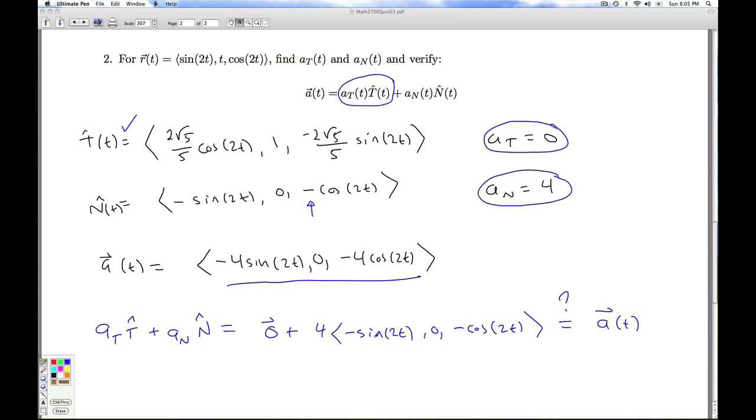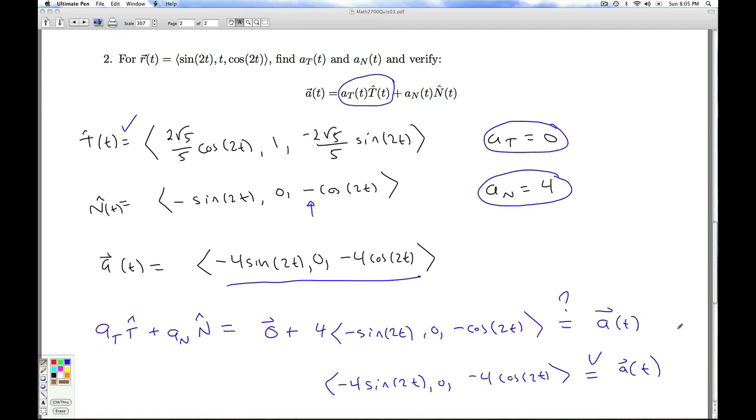And you can see right away that it is. We multiply each component by 4. We get negative 4 sine 2t, 0, negative 4 cosine 2t, which is exactly what we get for a of t. So once again, in the case of a helix like this, all of the acceleration is in the normal direction.